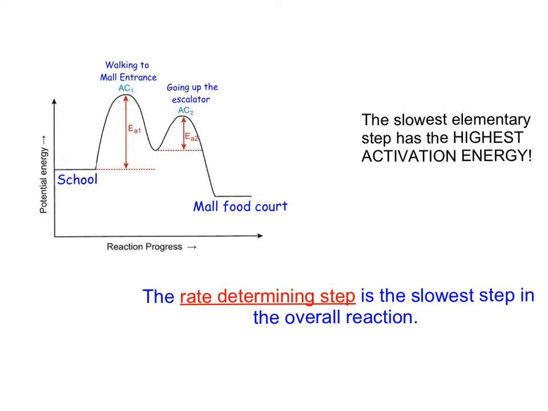It's going to take a lot more energy just to walk to the mall, because once you get there, you jump on the escalator and you're basically there. So the rate determining step for walking to the mall food court to get food is going to be, do you have the time and energy to walk all the way to the mall? That would be your rate determining step, because it takes the most amount of time, aka it's the slowest, and it has the highest activation energy.